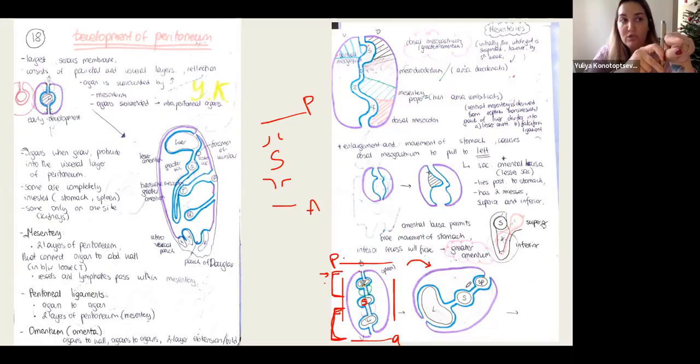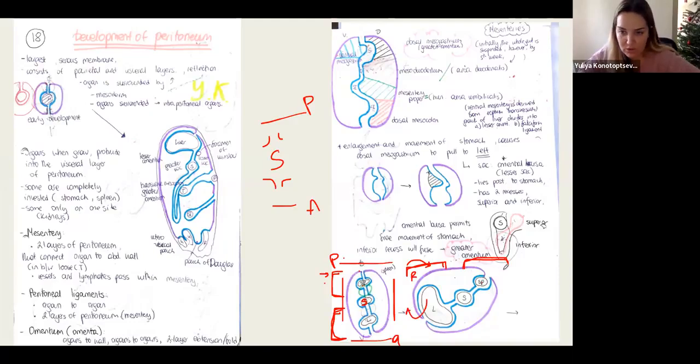Do the 90 degrees clockwise movement, and the ventral mesogastrium will end up on the right side. And this is what we can see on this picture. So this part right here is your ventral mesogastrium, and this is your dorsal mesogastrium. And we can see that ventral mesogastrium ends up on the right side, hence the liver is on the right.